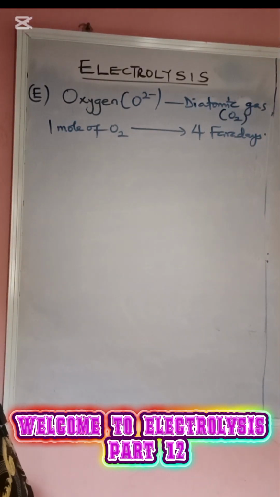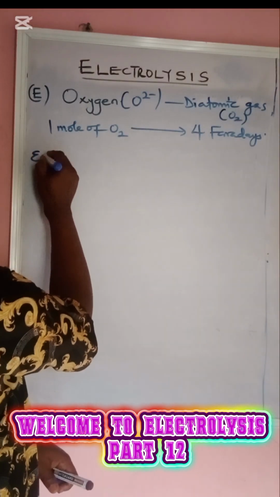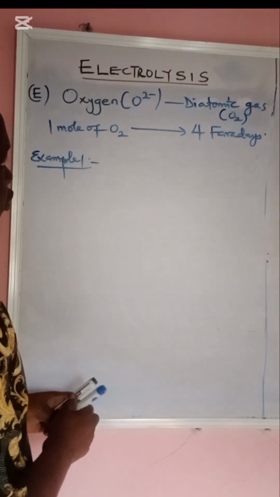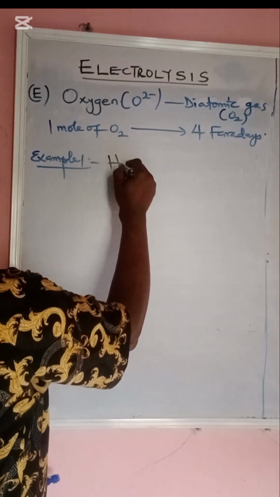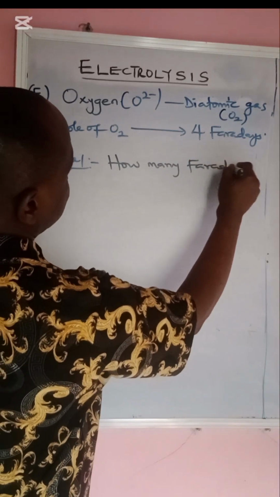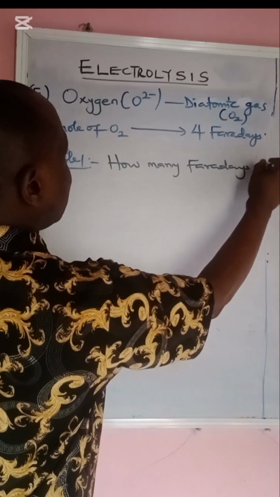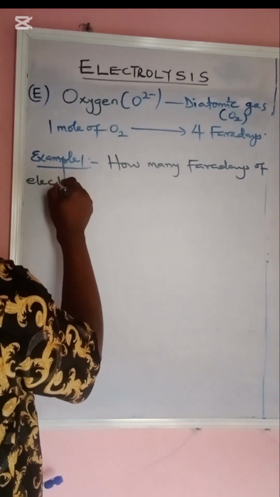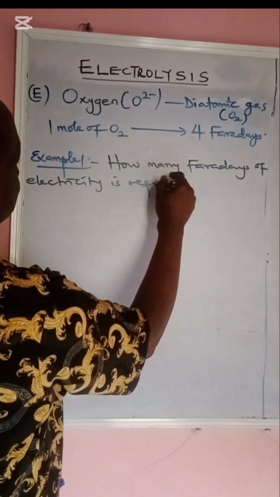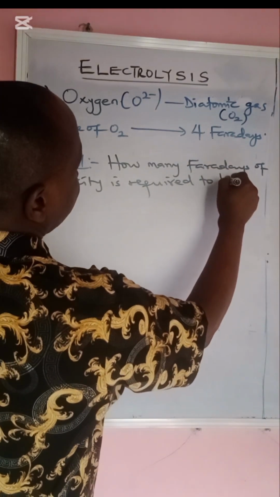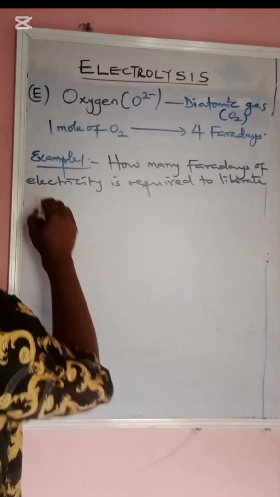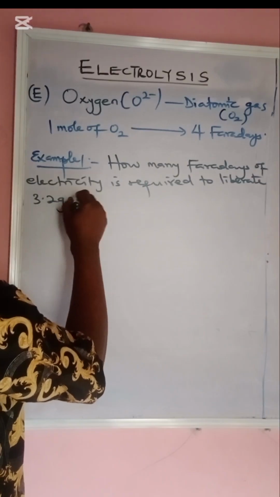So let's see example under oxygen here. Example 1. How many Faradays of electricity are required to liberate 3.2 grams of oxygen gas?